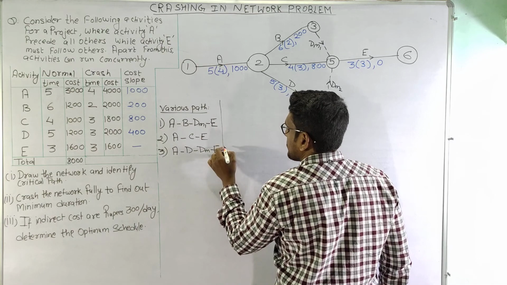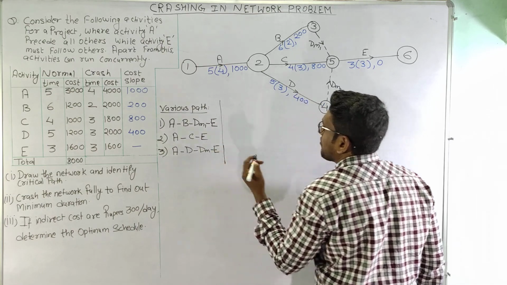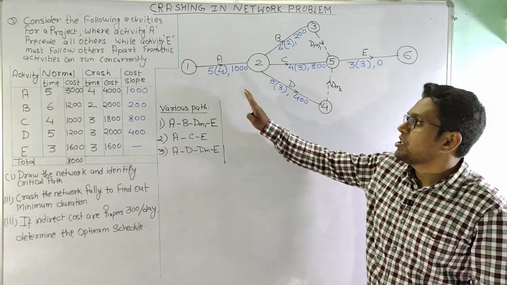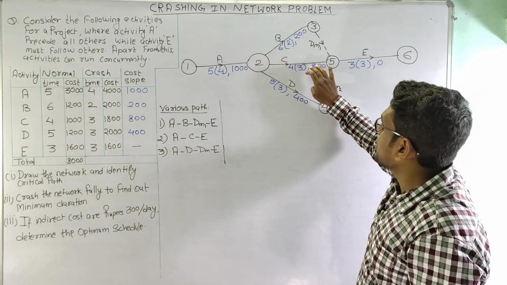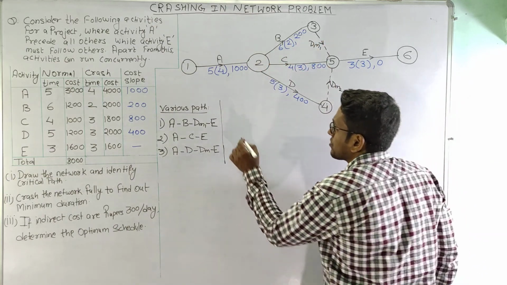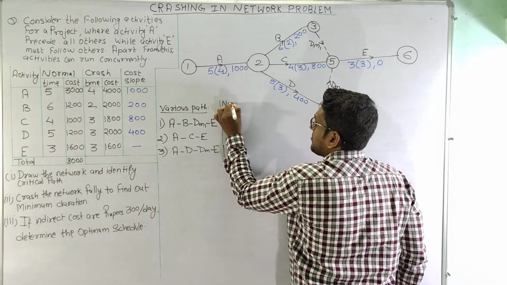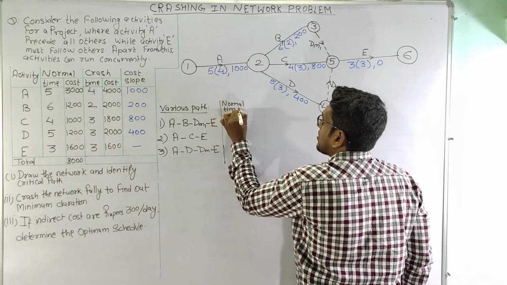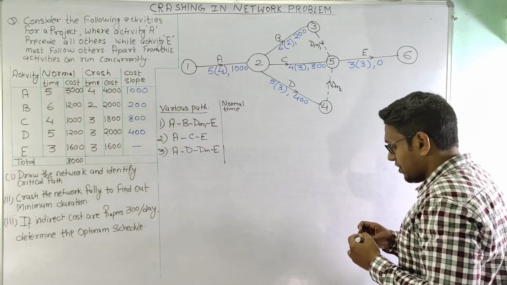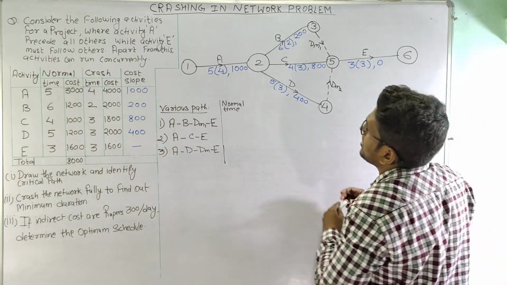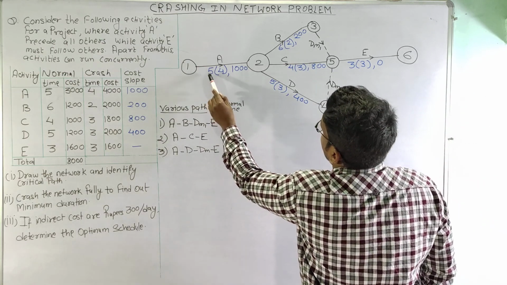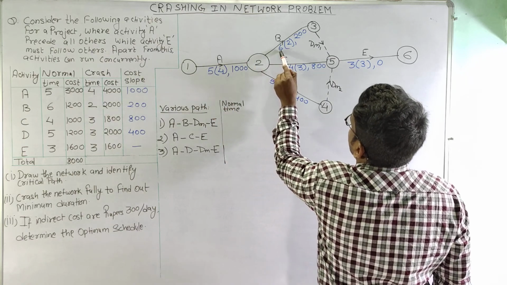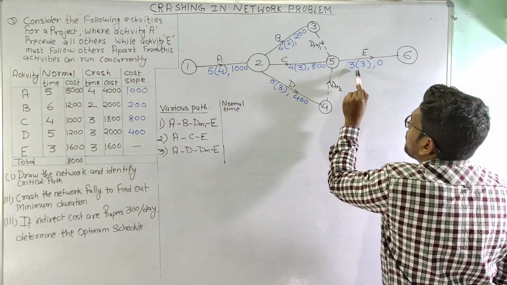Now let us find out the normal time completion of these 3 routes. So this is the normal time. For the first route we can see that the normal time is 5, 5 plus 6, 11, 11 plus 3, 14.